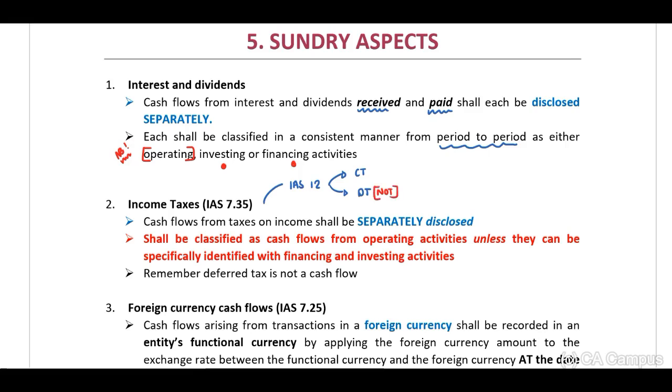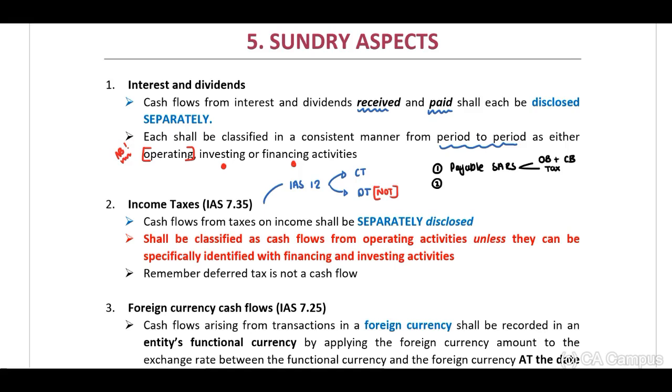Now, when you need to calculate the movement, guys, in your income taxes, therefore income taxes being paid, you have three accounts that you need to think about. The first one will be your actual tax payable account, the liability, where you need to include opening balance as well as closing balance, and then your tax for the year as per your profit and loss statement.